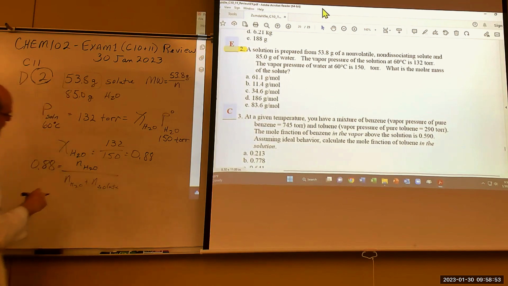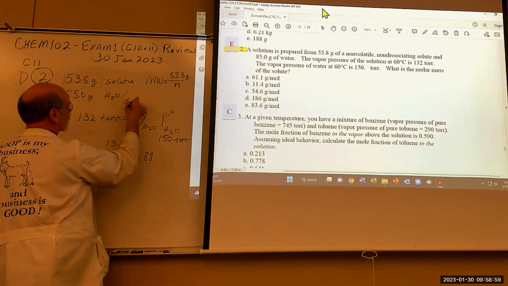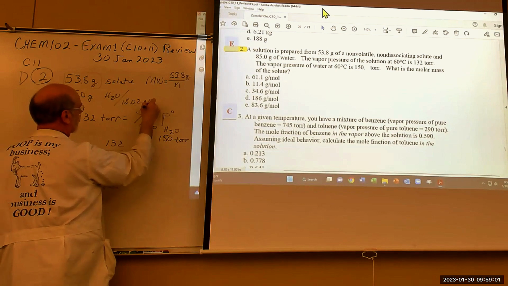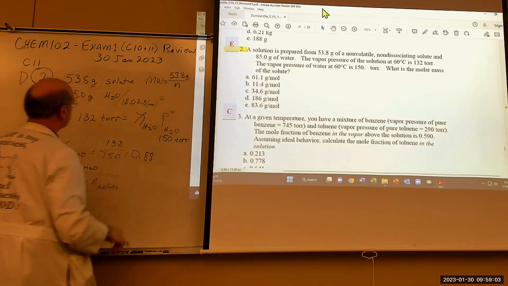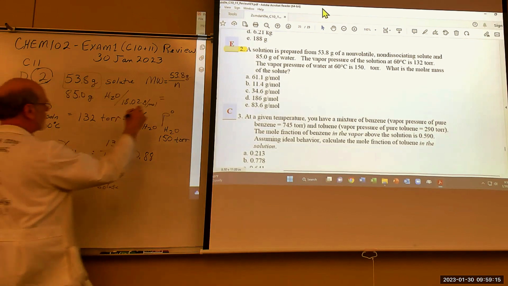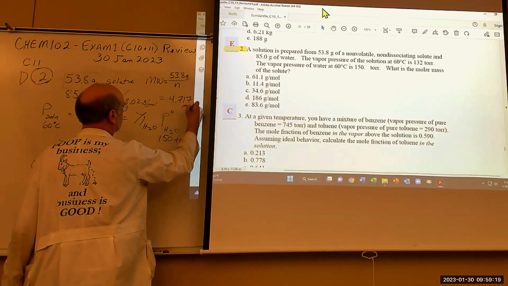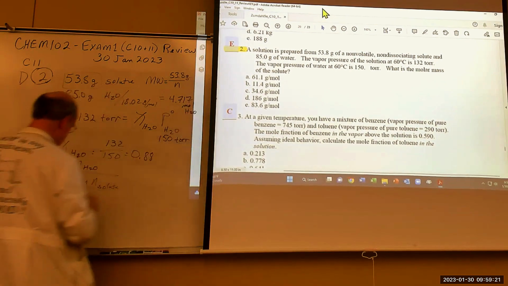Okay. So we know how many moles of water there are? Yeah. 85 divided by 18.02, that's grams per mole. If we divide 85 by 18.02, I get 4.717 moles of water.